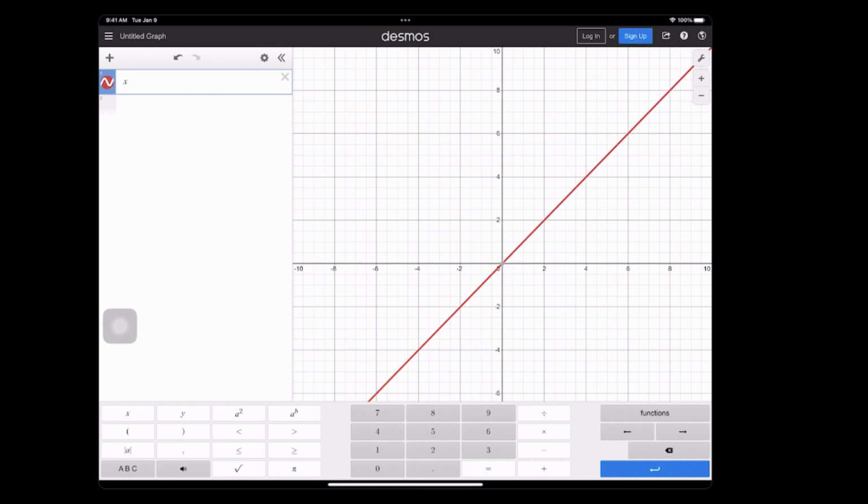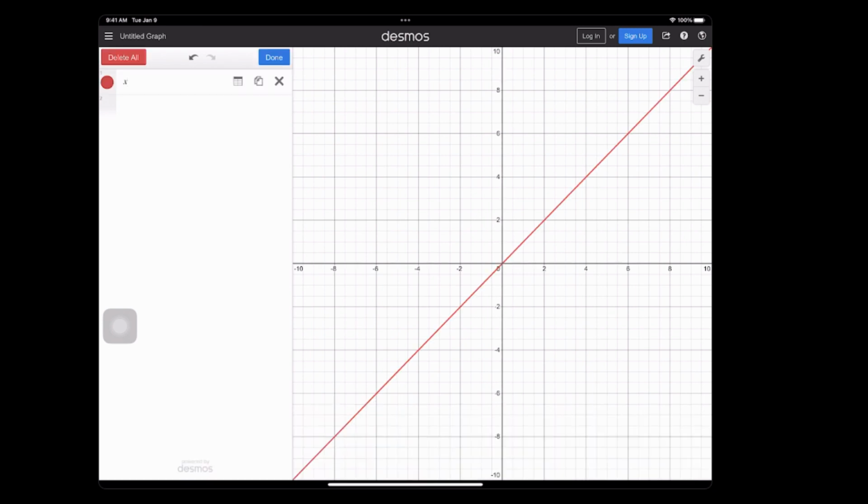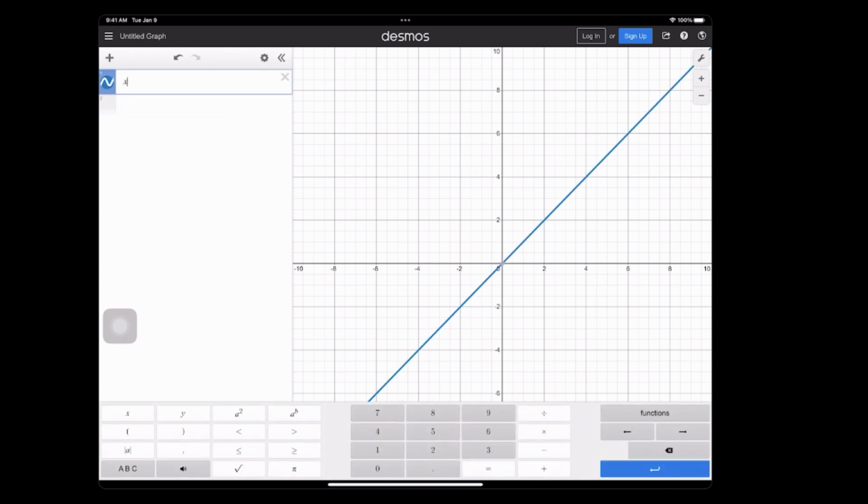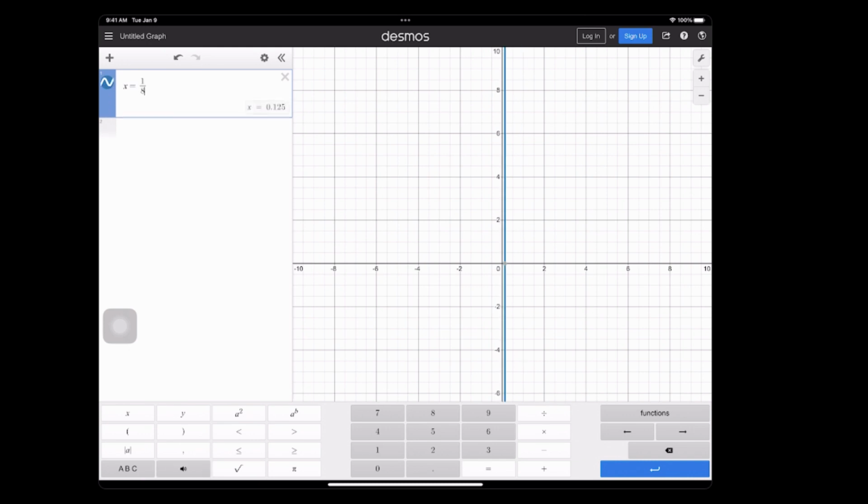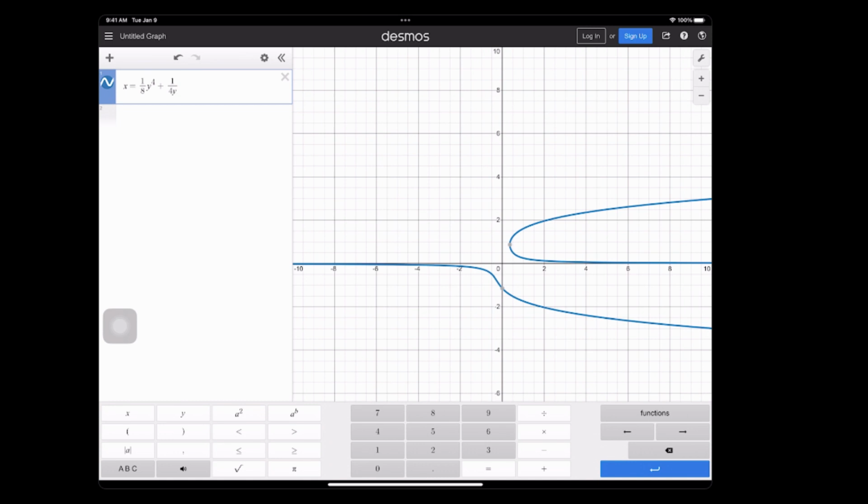So, x, and I already don't like the color. Okay, so x equals 1/8 y to the 4th. Okay, now here's the curve it looks like. Double check.